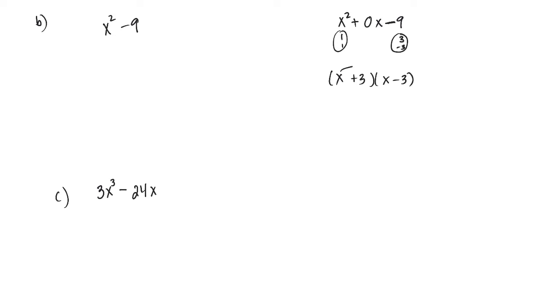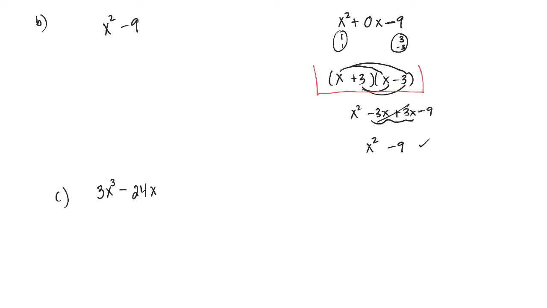And then when you check it, you've got x squared and then minus 3x plus 3x and then minus 9. These middle terms, because the signs are different, they just add up to 0. And so we would end up with x squared minus 9.